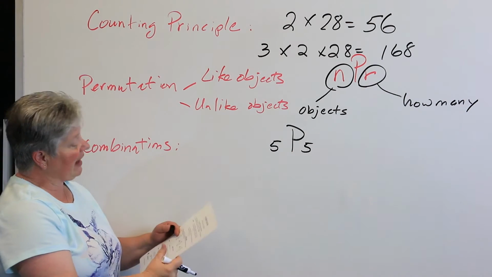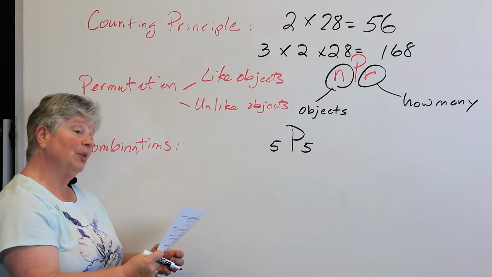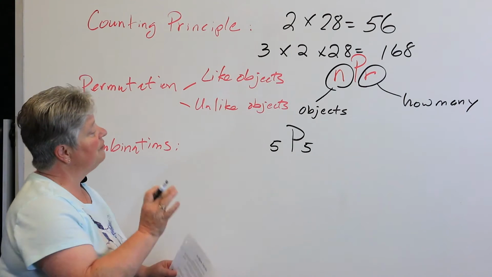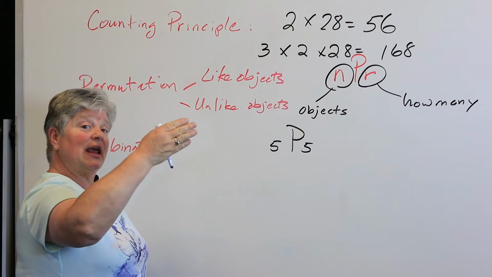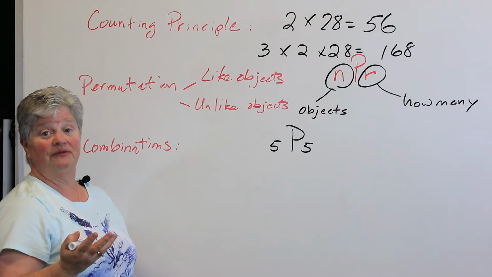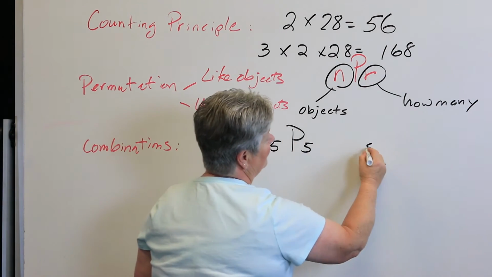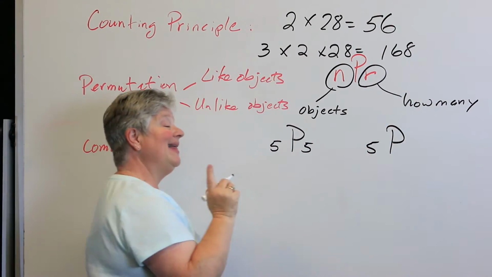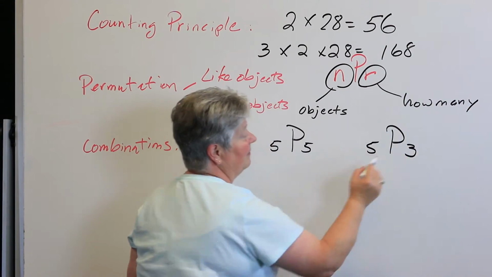If we look at the second example, it says, how many ways could the first 3 positions come in? So the first 3 positions is we just want to consider first, second, and third place. So how many bikes do we still have to choose from? We still have 5. So we have 5, a permutation. This time, we only want to look at 3 of them.